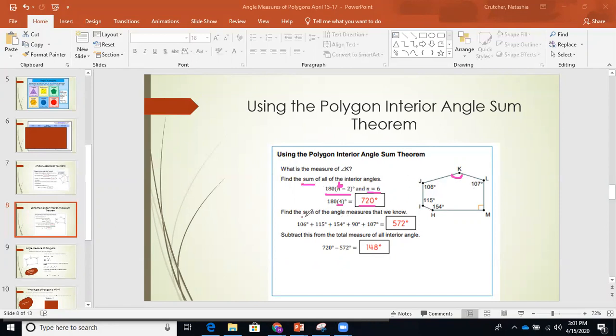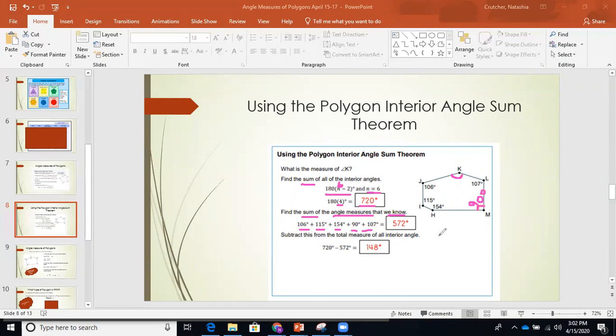Then we want to find the sum of the angle measures that we already know. So 106 plus 115 plus 154 plus 90 plus 107. Remember that the little square tells us that is a 90-degree angle.